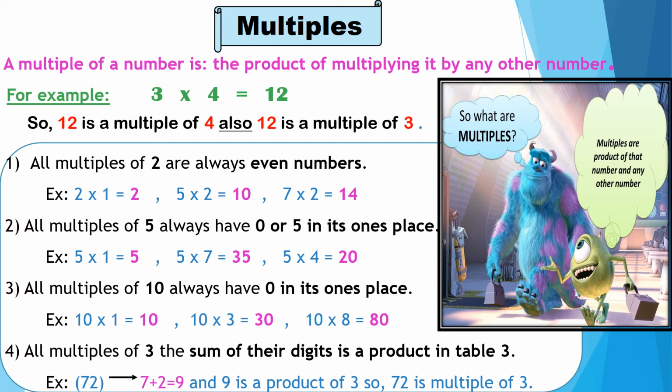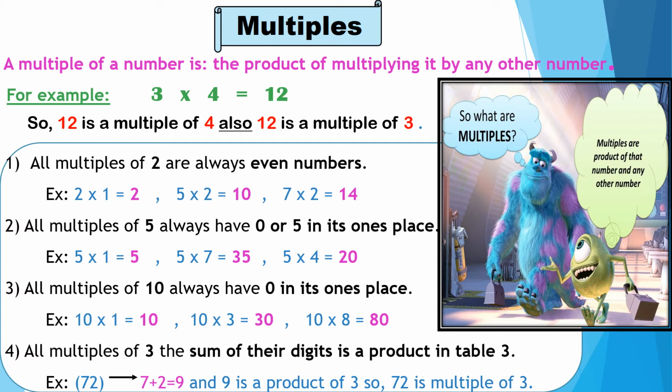Number 4: for all multiples of 3, the sum of their digits is a product in table 3. How can we know it? If I told you I have a number called 72, and I want you to know whether 72 is a multiple of 3 or not, I will add the digits of 72. 7 plus 2 equals what? 9.